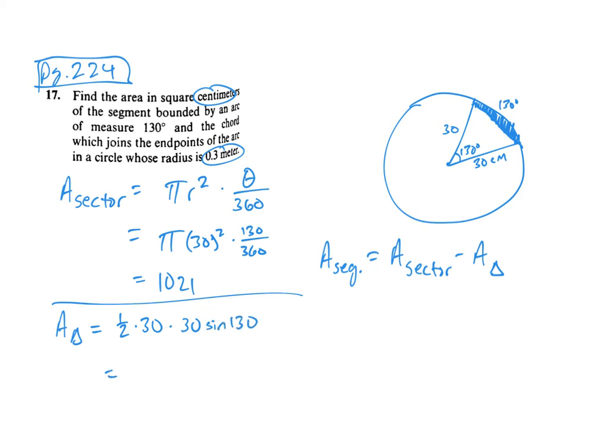I'll put that in my calculator and get 344.7. And now I have my 2 numbers, the area of the sector 1021 minus the area of the triangle, 344. And I'm going to get an answer of about 676.3 square centimeters.